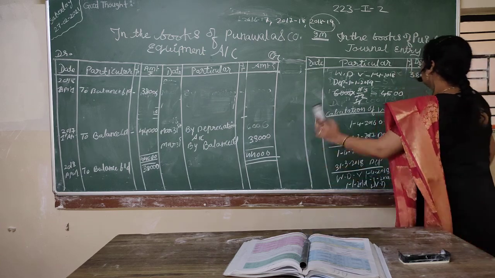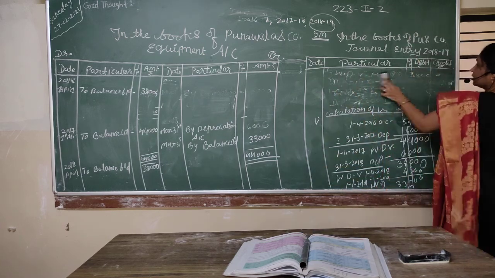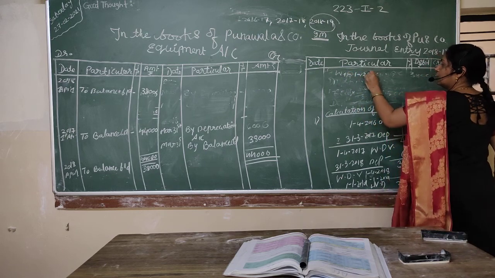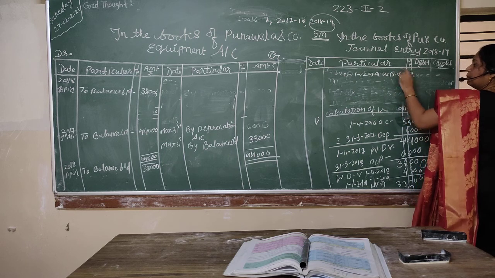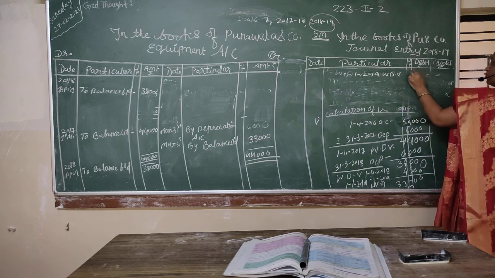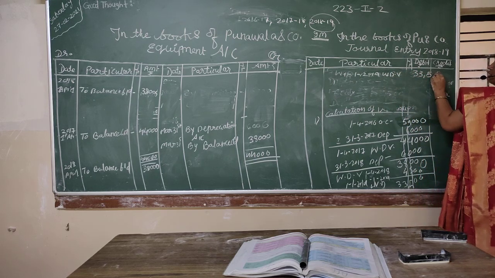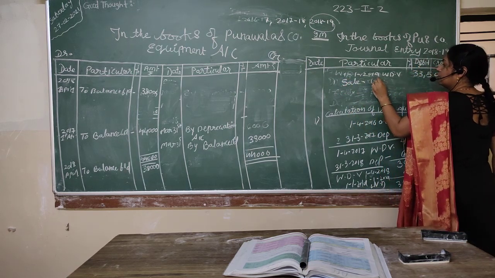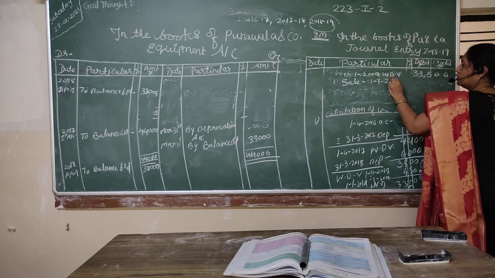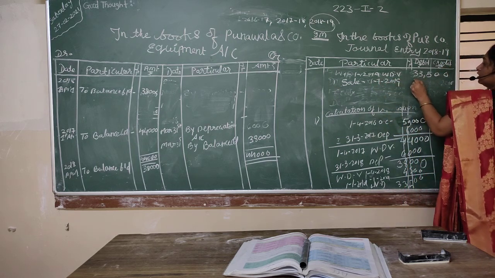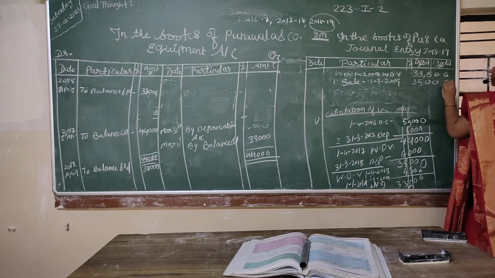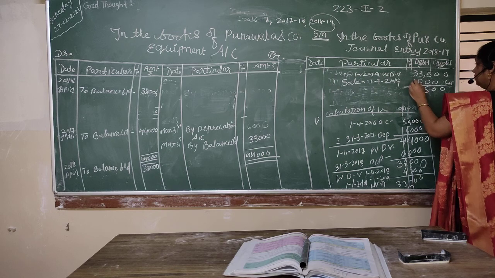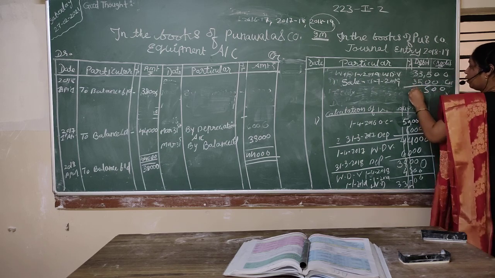Written down value will be there on 1st Jan 2019. Okay students, so on 1st Jan 2019, after charging the depreciation, your written down value is showing as 33,500. It means when you sell it on 1st January 2019 for rupees 35,000, you will have the profit.